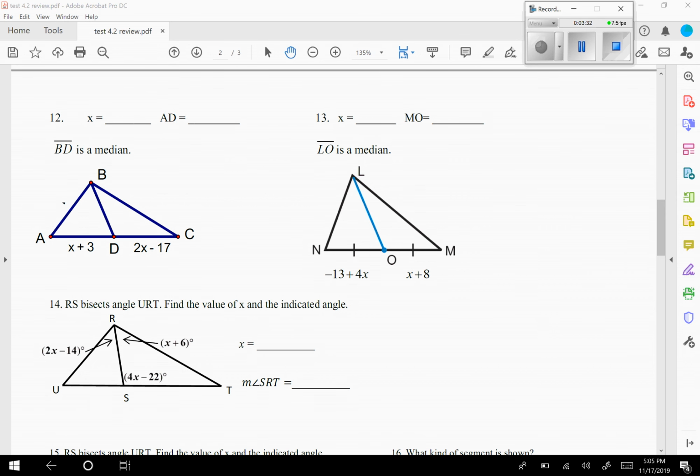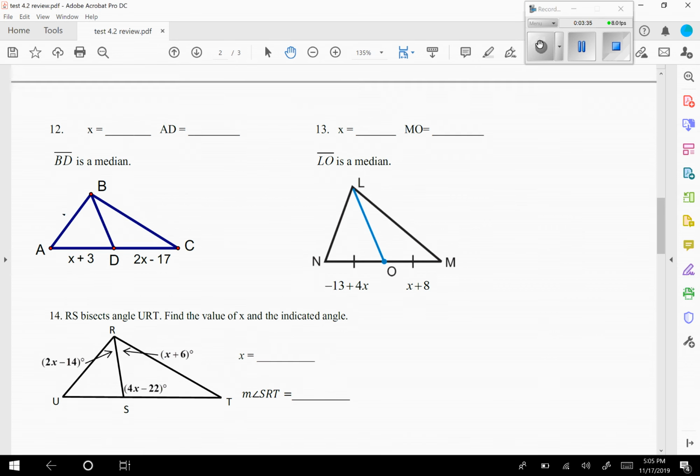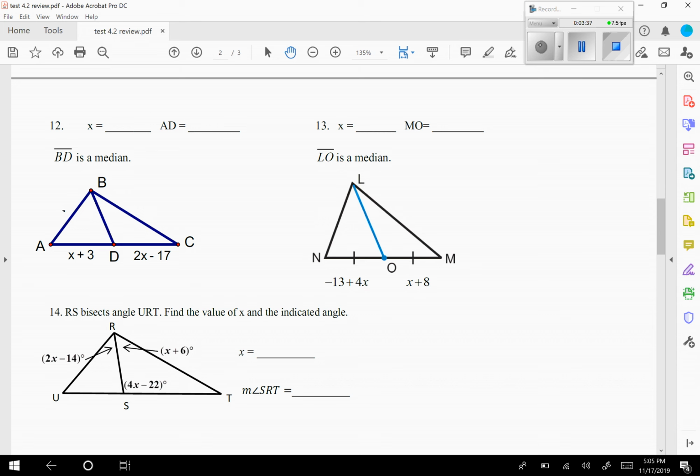Okay, our next one here, question 12, it says BD, this line in the middle, is a median. Okay, so we know that these two pieces are congruent because medians split that side in half. And we need to find x, and then we need to find AD. So x plus 3 is going to be equal to 2x minus 17.